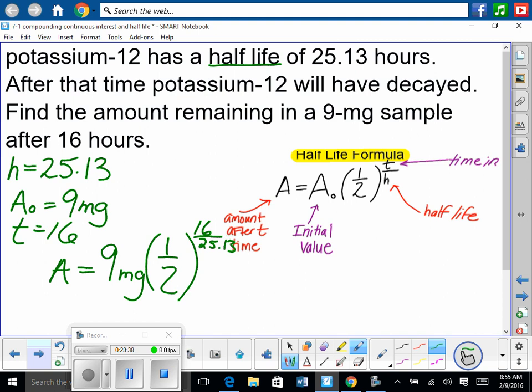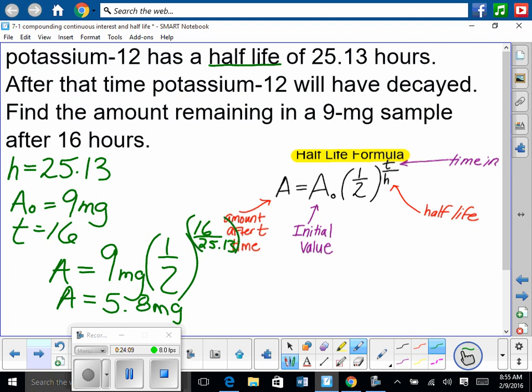That's 5.78, so 5.8 milligrams. So it started at 9 milligrams and after 16 hours it's at 5.8 milligrams. Not hard, but you have to know what you're doing. Okay. Questions on how to do that? Make sure you put this in your calculator in parentheses.